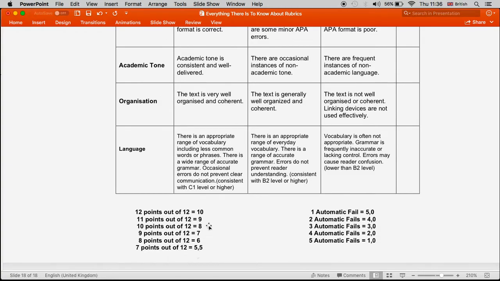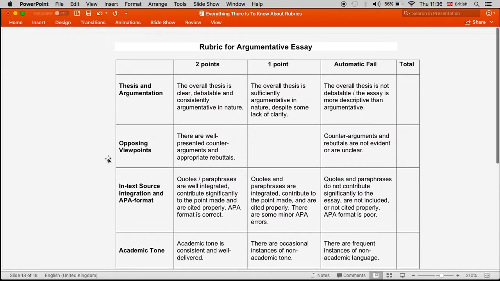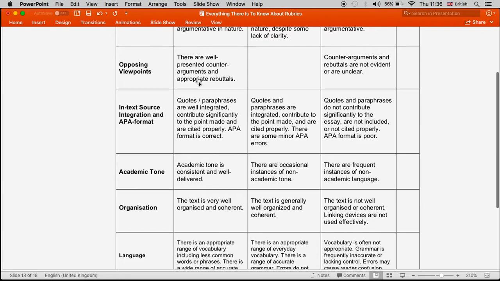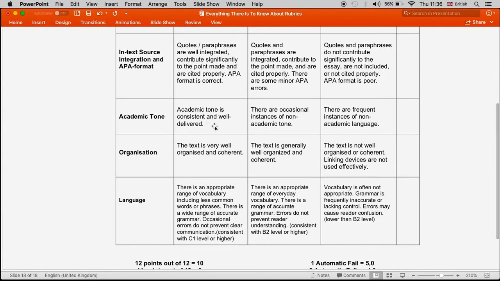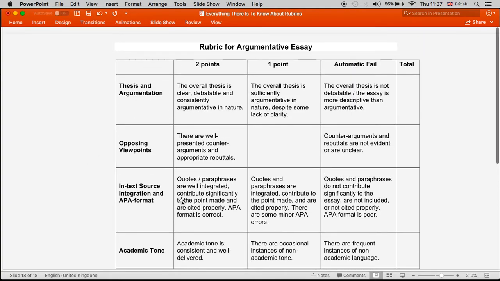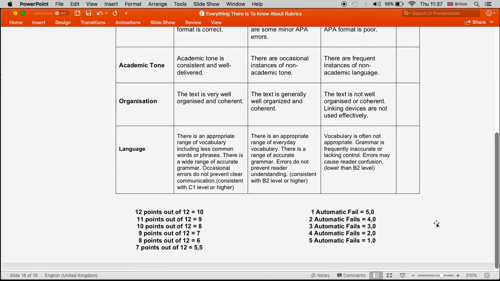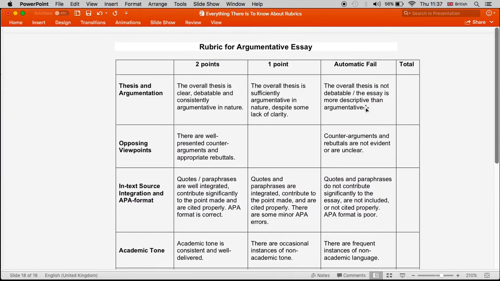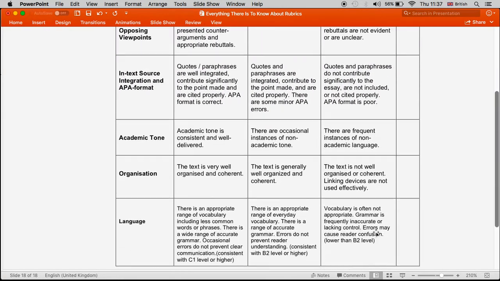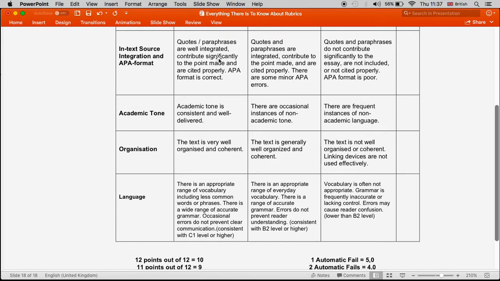It's a pass. Now, when do they get a 10, 100% perfect score? When they get 12 out of 12. And we see what's the total maximum? Well, 2, 4, 6, 8, 10, 12. Okay. So 12 is the maximum. What's the lowest score possible? Well, a 1, and that's if they get automatic fails in this column, 5 of these, right?